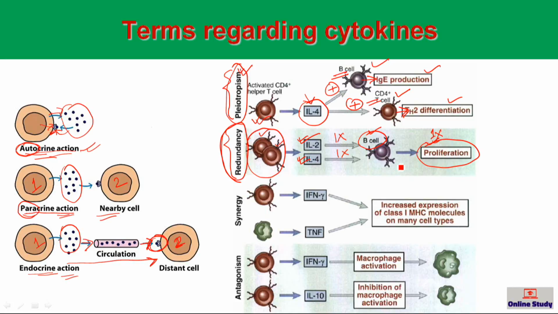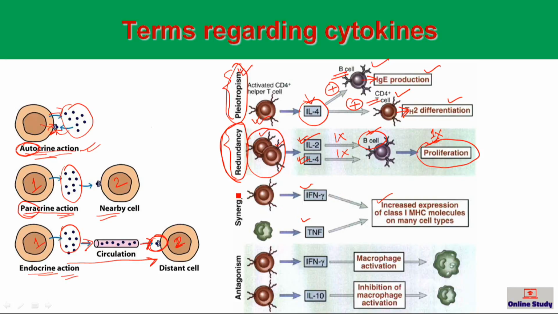Next is the synergy. When two types of cell produce two types of cytokine and these two types of cytokine act on a specific cell type and the effect is additive, then it is called synergy.